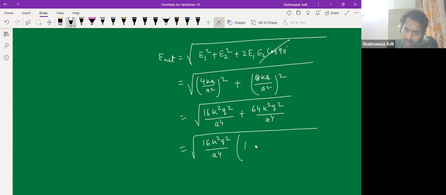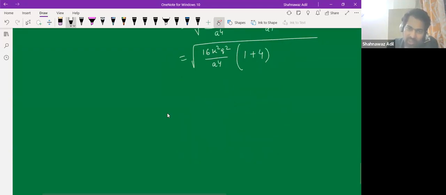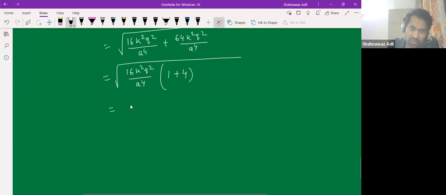So 1 plus 4, right? So this we can take out of the root. So 4KQ by a square and root 5. So that is the electric field at point O.